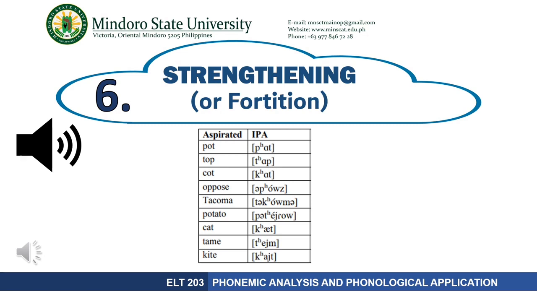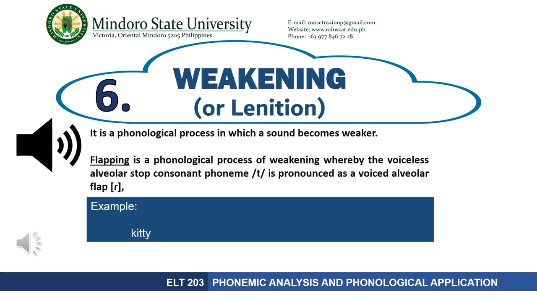Now let's have the last type of phonological rule, which is weakening or lenition. It is a phonological process in which a sound becomes weaker. Lenition means softening or weakening.